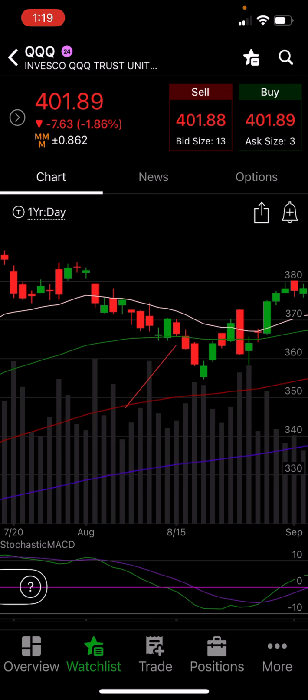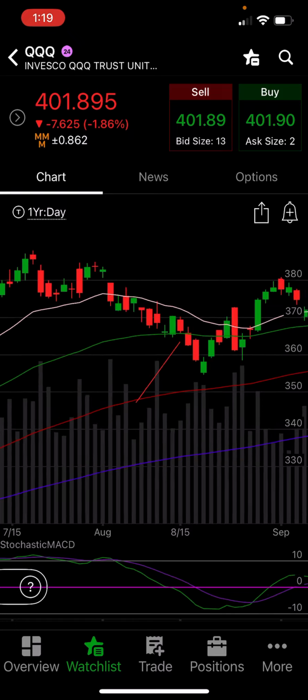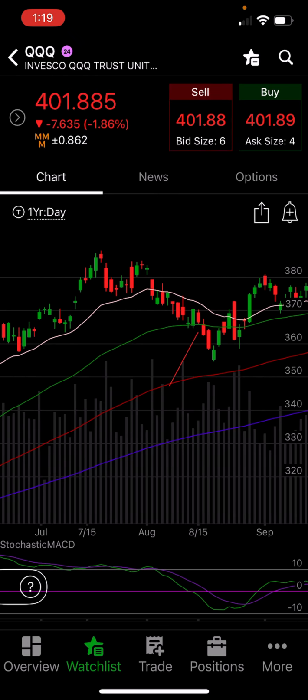As you see right there, I just drew the line. We had a touch and a hold on a 50-period moving average, but it failed and went lower. So to say that the EMAs are 100% is just not true, but I'm about 70% with this strategy, whether it's option trading, long stock trading, or high yield dividends.